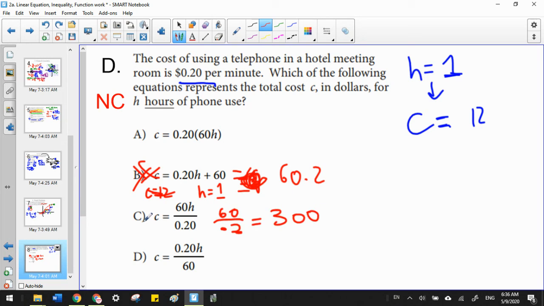You can put this in your calculator to check, but that's definitely not legit either. This is 0.2 times 1, and then I'm dividing by 60, and I don't even have to crank that number out to know that that's not legit. And now lastly, if I try this now, plug my 1 in for H, 0.2 times 60, and I get 12, and boom, I got my answer.